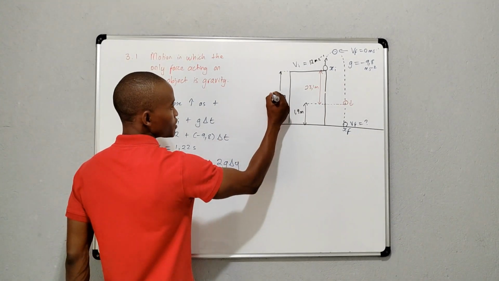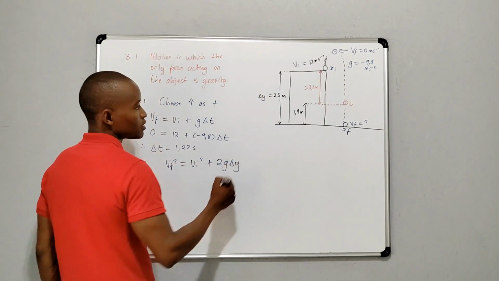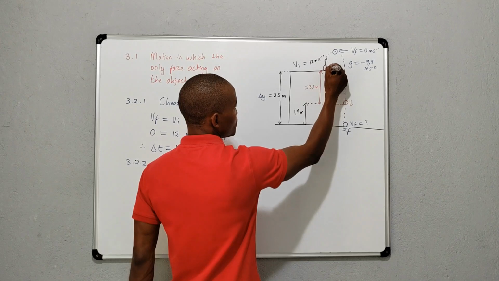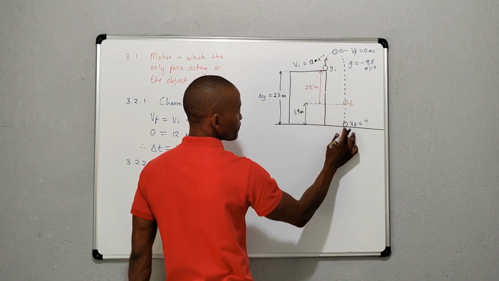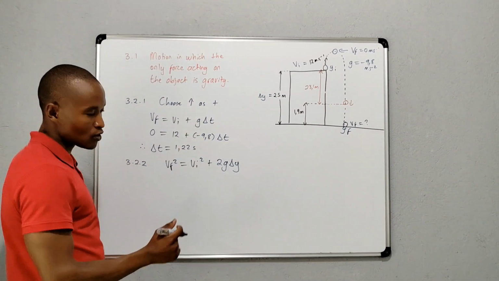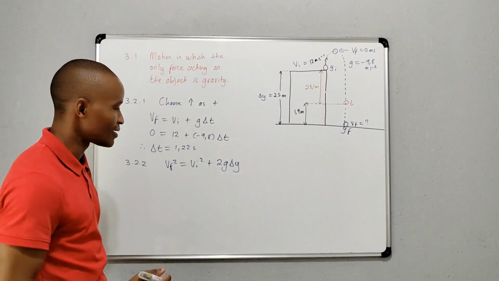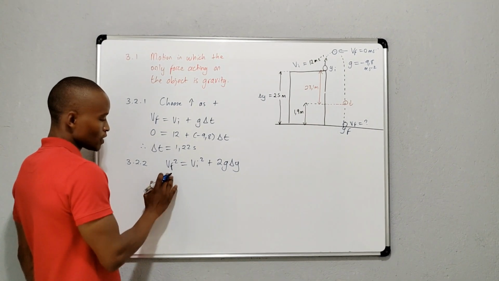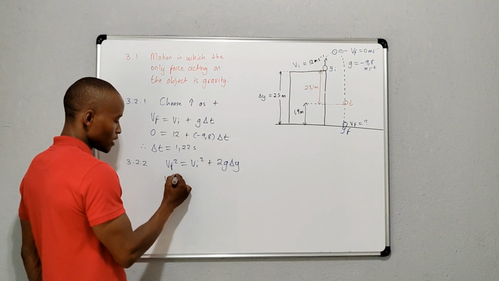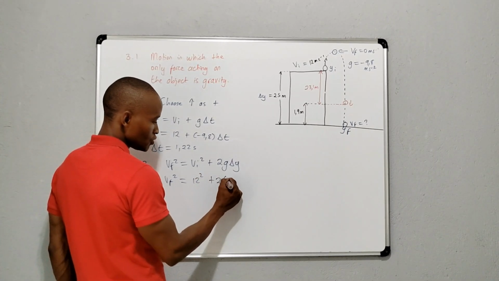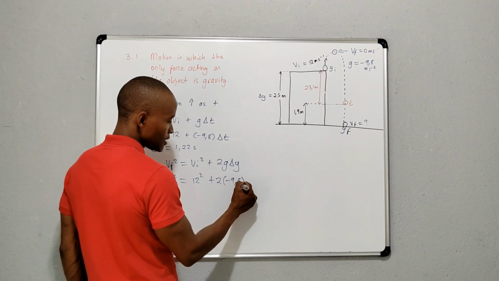What is our change in y? That is our displacement right there. So actually, let us use initial y, final y. The difference there is the change in y because we are in the vertical plane. So final velocity, we are looking for that one. Initial velocity is 12, plus 2 times negative 9.8.